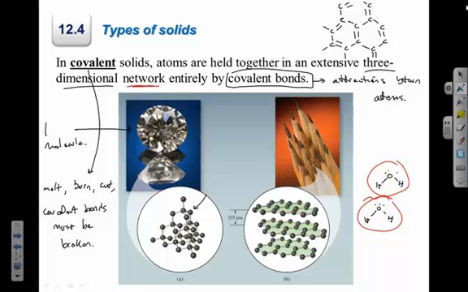From 1 sheet to the next, there's no covalent bond holding that together. So this is really an example of something that more fits a molecular solid. But because we have this long-range extended network of covalent bonds, it can also be considered a covalent solid sort of at the same time. So it's kind of like it has characteristics of both.